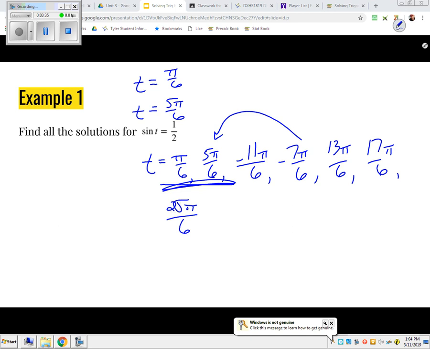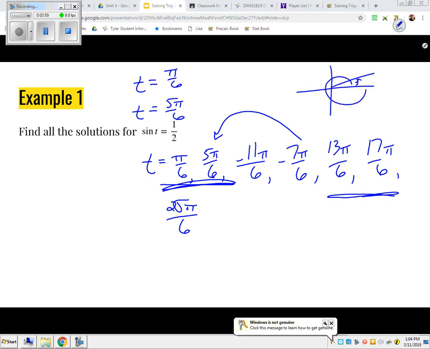Now, what kind of voodoo magic were you working to get these right here? You added 12 pi over 6. Can you reduce that for me? 2 pi. All you were doing was simply telling me coterminal angles going around, right? Every time you told me pi over 6 was an answer, and it was.